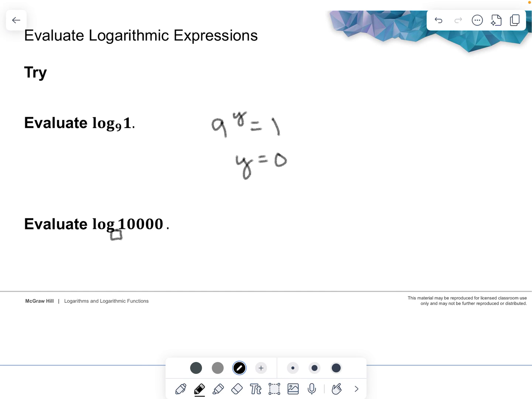But if there is not a number given for a base, that means the base is 10. So 10 to what power will give me 10,000? 10 to the 4th power will give me 10,000.